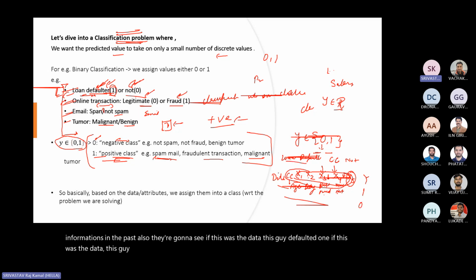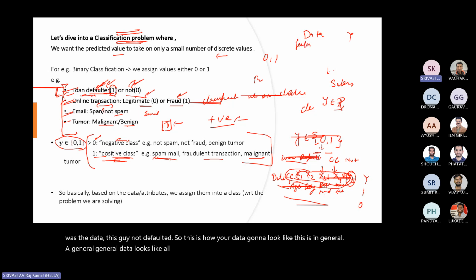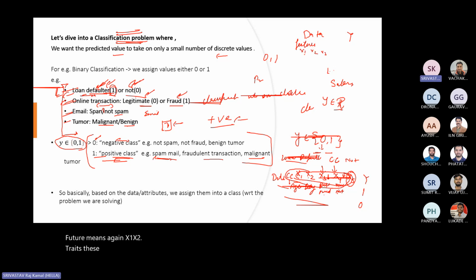So this is how your data is going to look. In general, all the features, x1, x2, are the traits, the characteristics of the person, of the data points who are part of this experiment, and the corresponding ground truth, it could be 1 or 0, right?